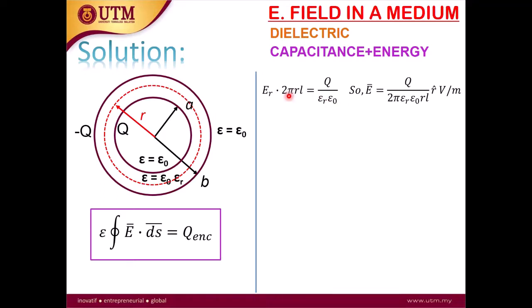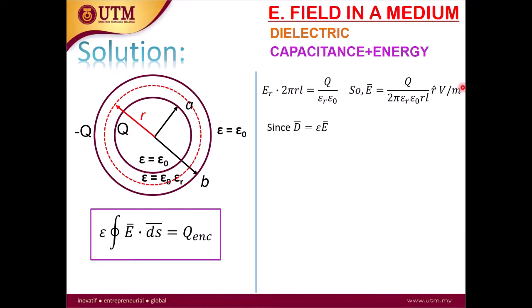So we can determine E equal to Q divided by 2 pi epsilon r epsilon naught rL in the direction of r. I will not go into detail about the Gauss law; I assume that you already know how to determine the E field using Gauss law.